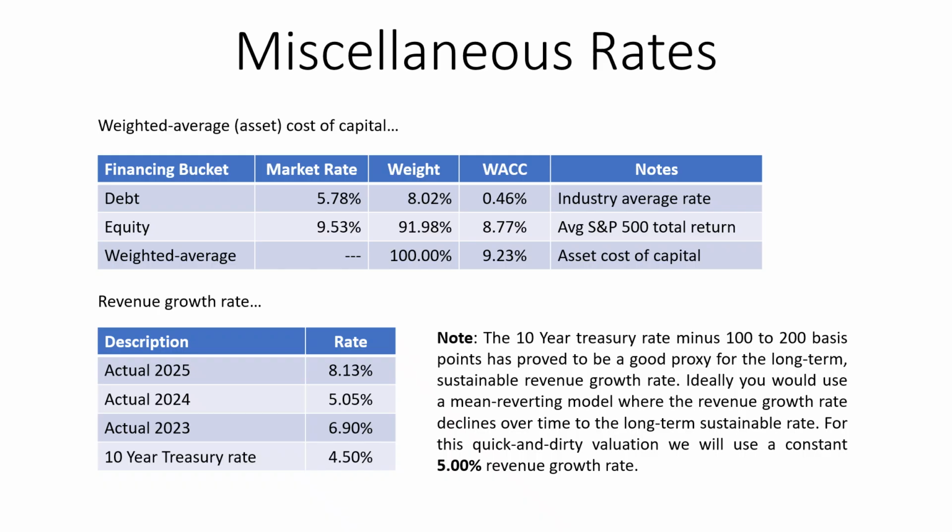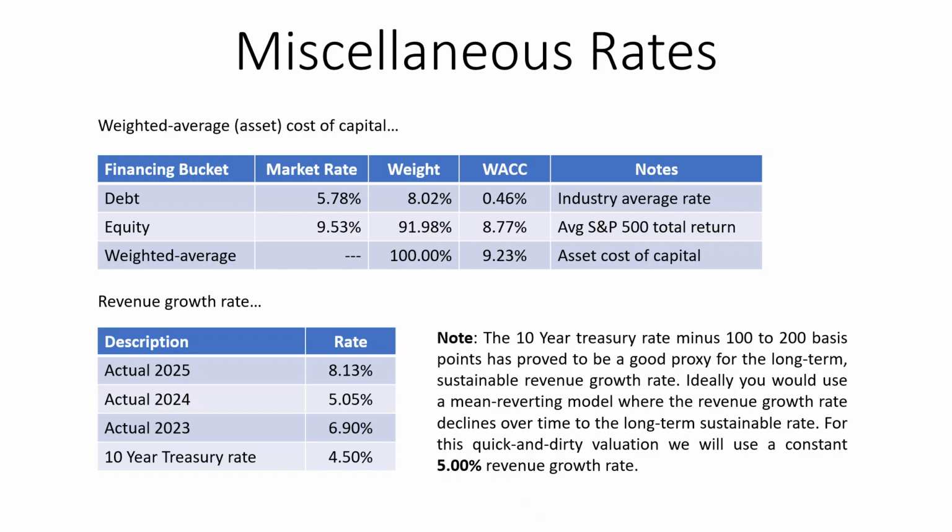You're going to have startups who are going to grow at huge percentages, but as they mature and their revenue base gets larger and larger, it's harder and harder to grow. So one of the things you're going to notice throughout is that for companies that have a very high growth rate, eventually the growth rate goes down to, I think you'd be comfortable to take the 10-year Treasury rate minus 100 or 200 basis points.